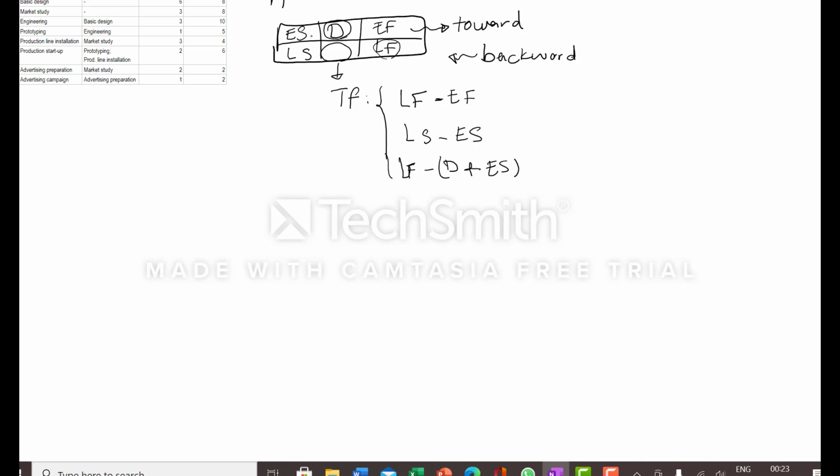This one, and this one, okay, it shows the total float.